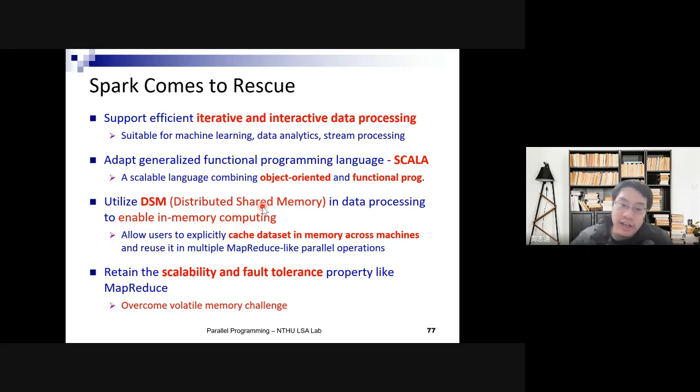At the same time, the DSM needs to be scalable and fault tolerant to machine failure in an environment like a data center. All right. So its main contribution is actually about how to manage that memory, not about how to do the parallel processing, because that part is actually just simply borrowed from the MapReduce framework. It's pretty much the same.